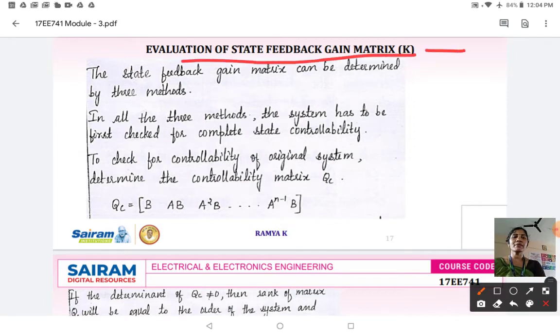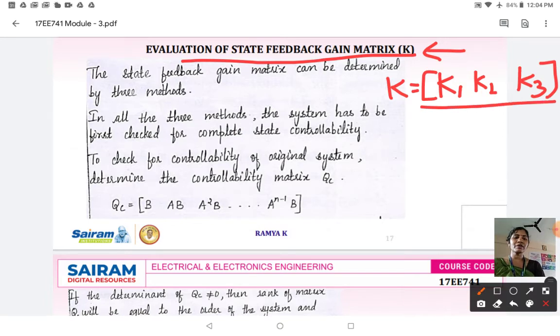The state feedback gain matrix is represented with the letter K. After identifying K, you will get the state feedback gain matrix like K1, K2, K3. Depending upon the number of state variables, the number of K elements will also vary. For example, if I have 3 state variables, the state feedback gain will have K1, K2, K3.